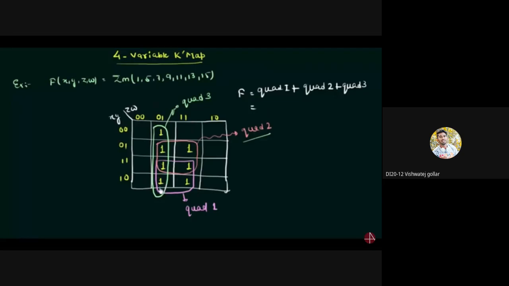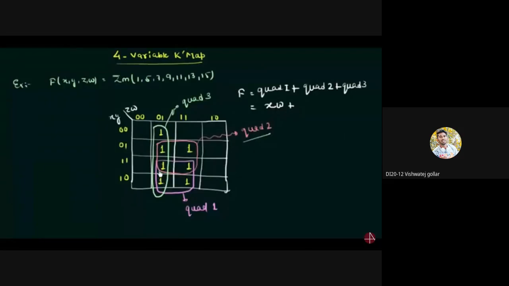So what is quad 1? The y is changing from 1 to 0, but x is not changing, so x. Similarly, z is changing from 0 to 1, and w is the same, which is 1, so w.